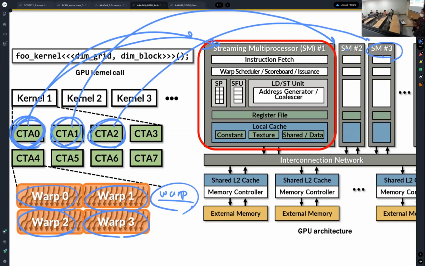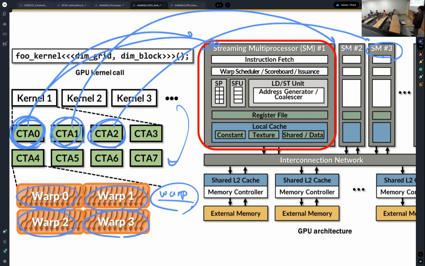So why can we group these multiple threads into a warp? Because in this figure, these threads are generated from the same kernel, right? Which means the instructions are the same, because the kernel code is the same and only the data is different.